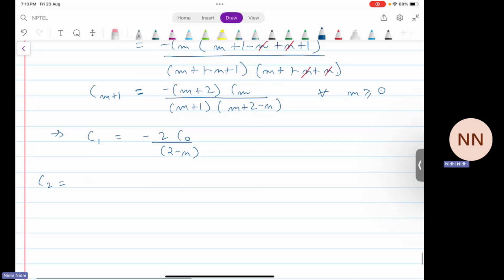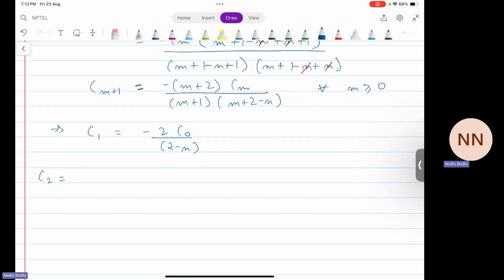C2 is equal to, for C2 we have m is equal to 1, so this is minus 3 C1 by 2 times 3 minus n, which is 3 into 2 times C naught by 2 times 3 minus n 2 minus n, which is 3 C naught by 3 minus n 2 minus n.